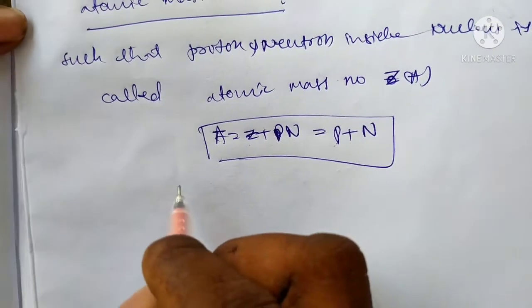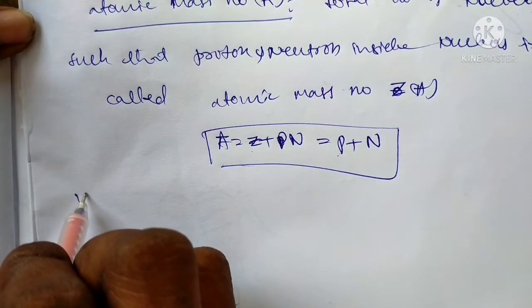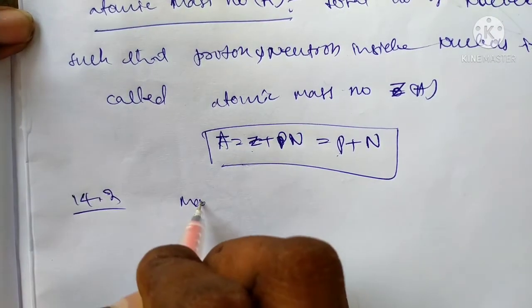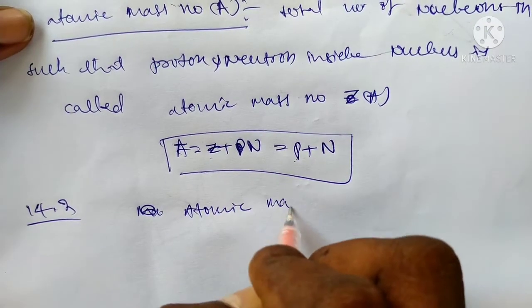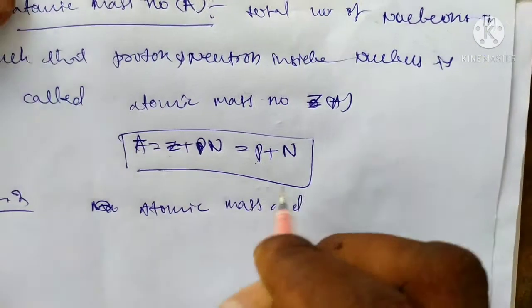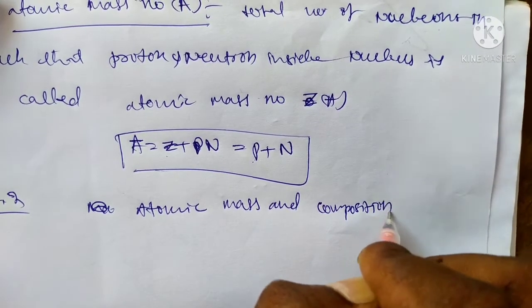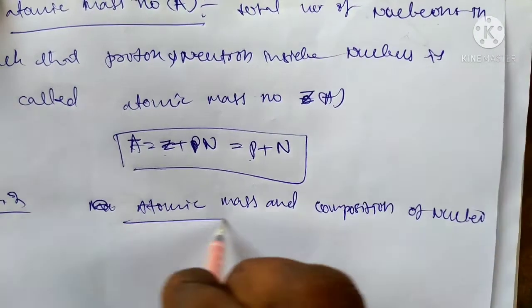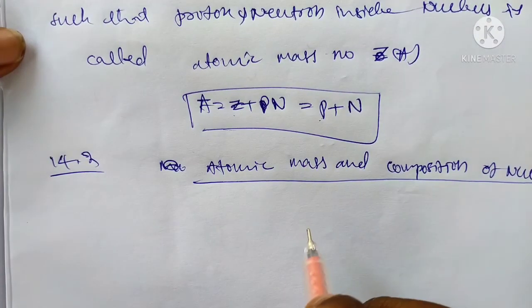Now we discuss the first topic, 14.2, atomic masses and composition of nuclei. Atomic masses: the mass of the atom is very small.